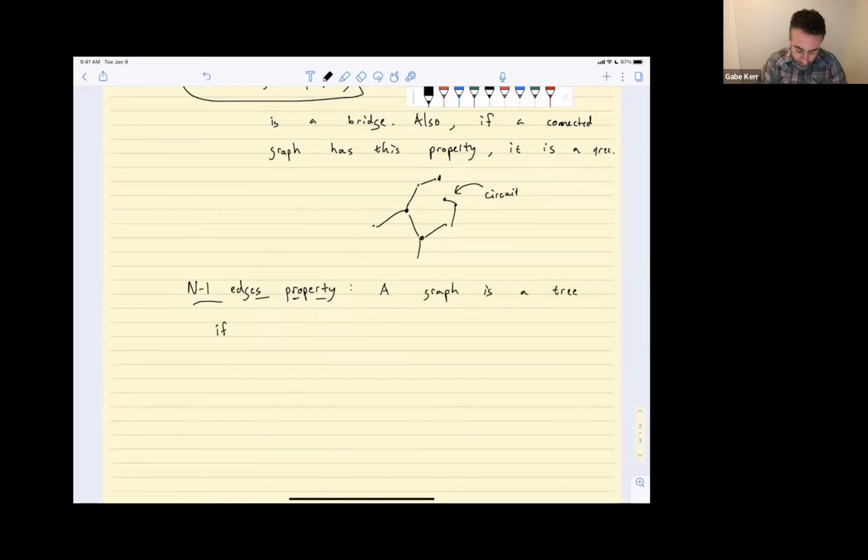In other words, if you know the number of vertices in a tree, you know the number of edges as well.